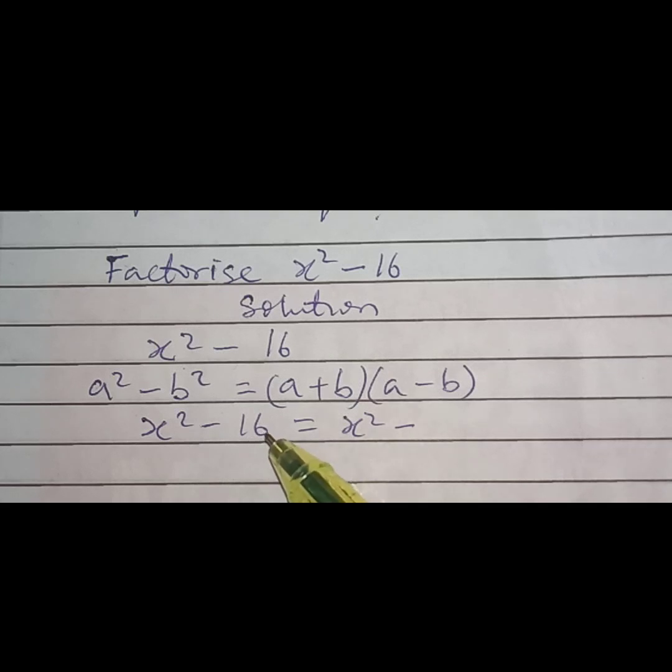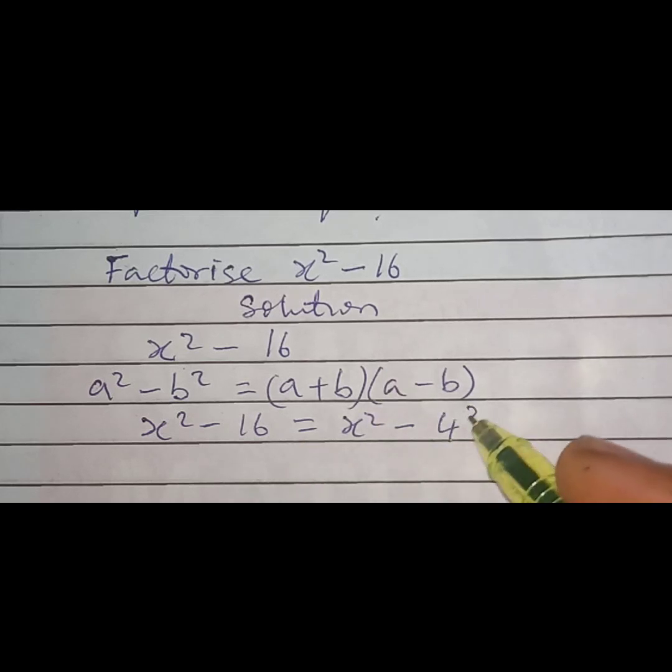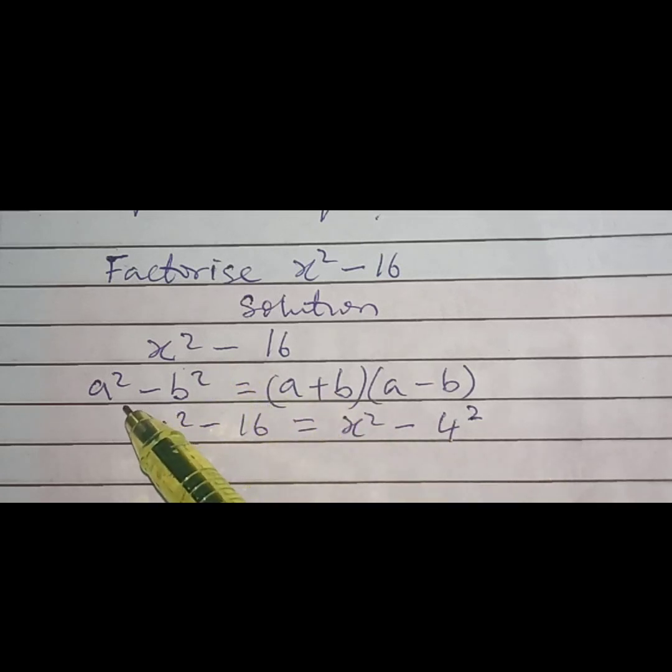4 times 4 is equal to 16. So which means 4 raised to power 2. And you know 4 raised to power 2 means 4 times 4. So that's 4 squared. So now this x squared minus 4 squared is now looking like this general rule of difference of two squares.